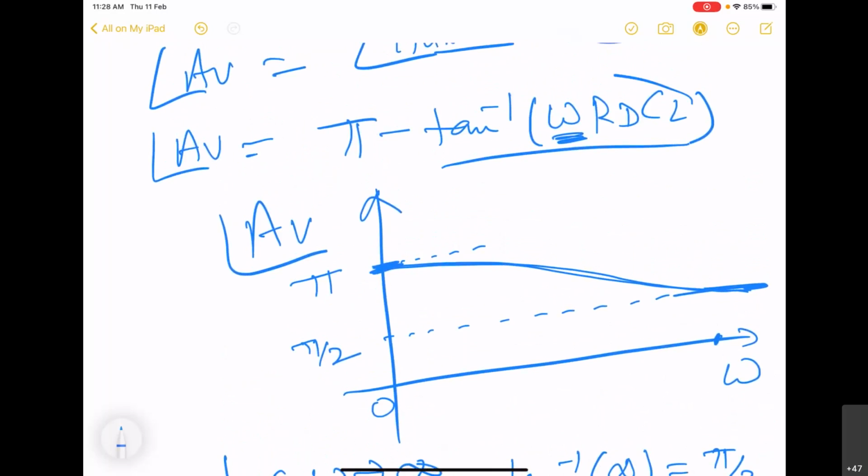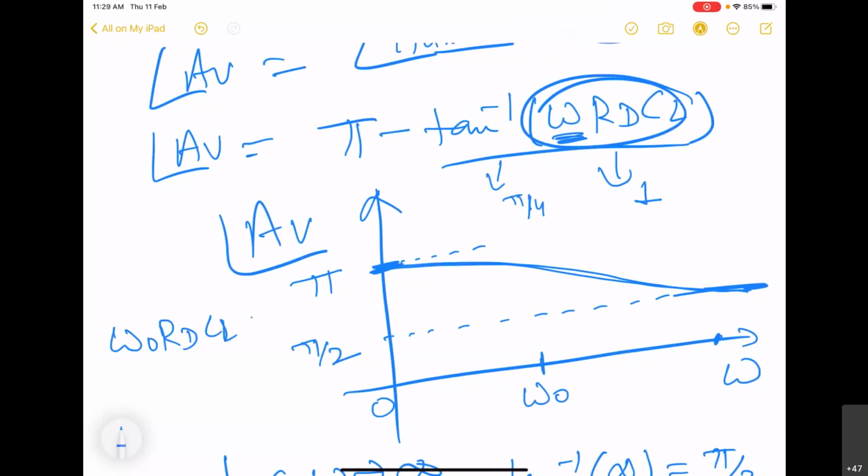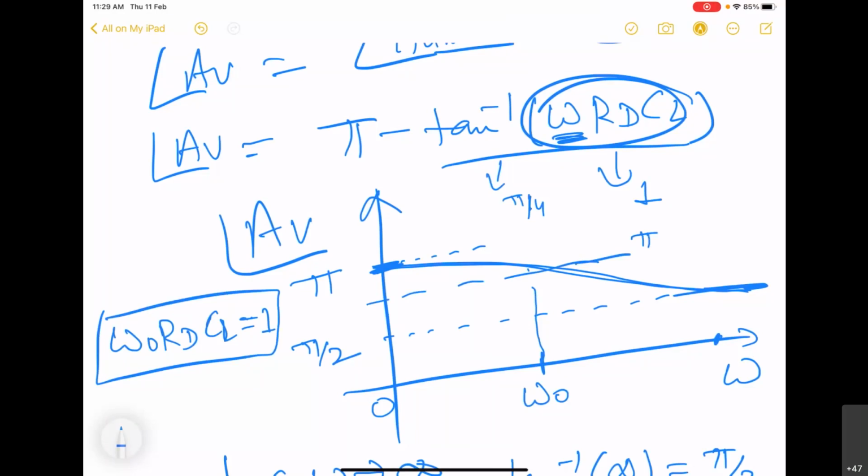And when this value is equal to 1, in that case tan inverse of 1 is going to be pi by 4, that is 45 degrees. So there is going to be a frequency called omega naught such that omega naught RD CL is equal to 1. This is a special frequency where the phase will be 3 pi by 4.